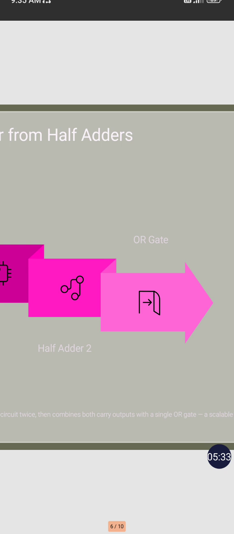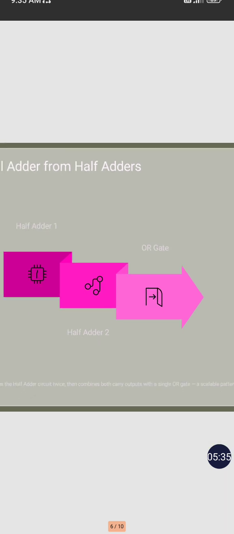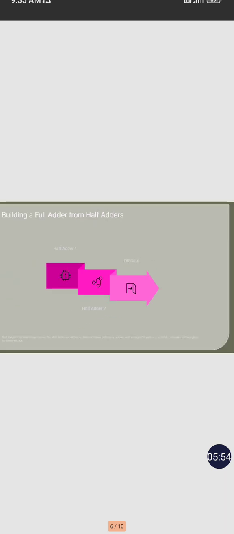The OR gate combines the carry outputs. This design is important because it shows modular circuit design. Instead of designing a complex circuit from scratch, engineers reuse smaller circuits to create a larger system. This modular approach is widely used in hardware design.